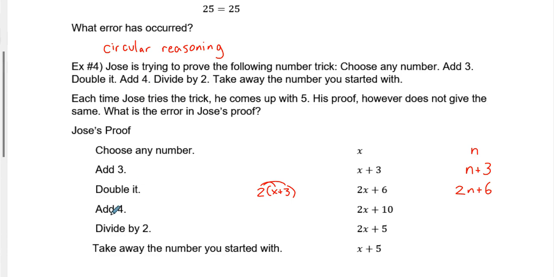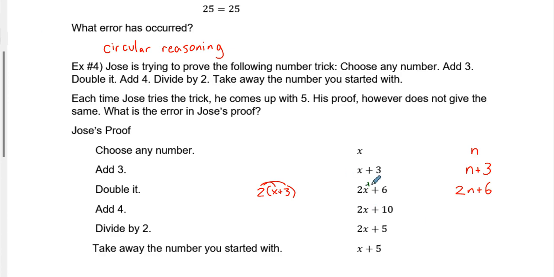Add 4. Now if you just add 4 to here, what some students will actually do incorrectly is they'll become like 6x. Sorry, I'm actually in the wrong spot.